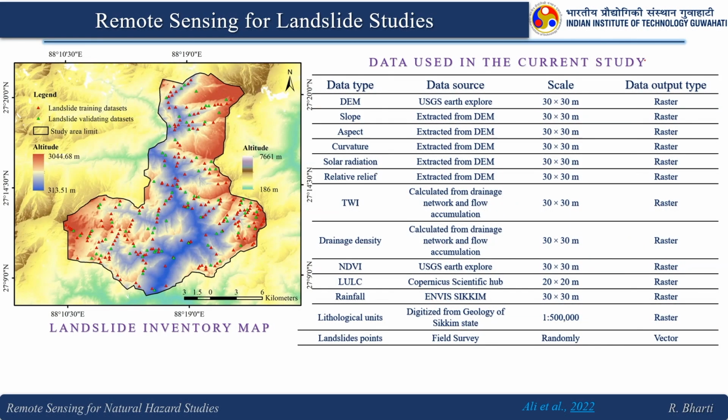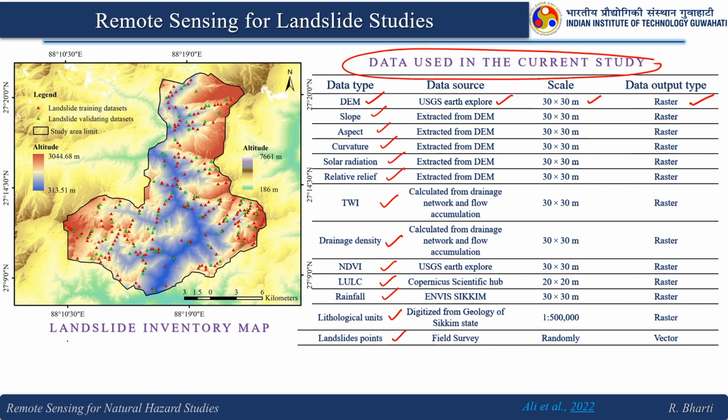Here for the study, they have used the DEM from USGS, and that is the scale, and this is the output type, right. So, here you can see the complete detail from where they have collected the different parameters, or from where they have generated these parameters for the landslide studies.